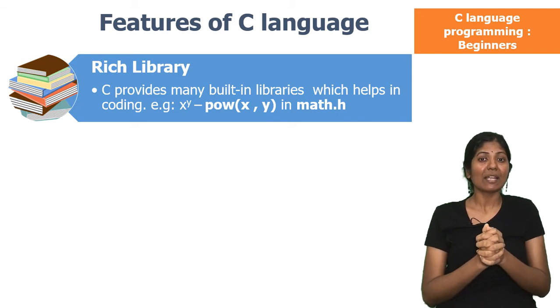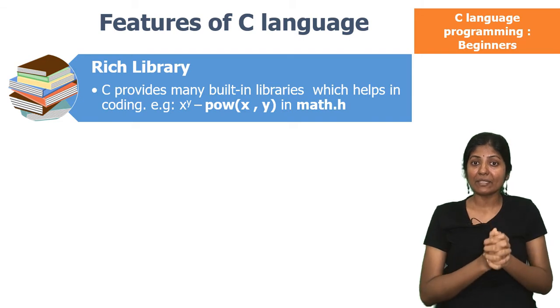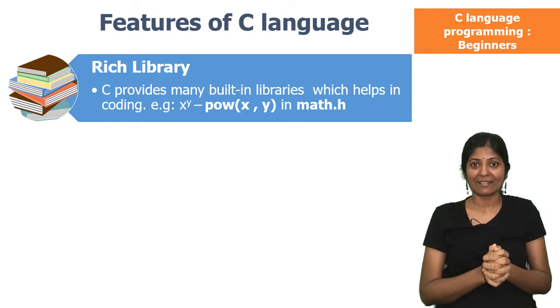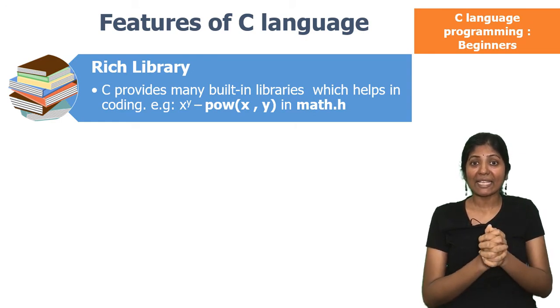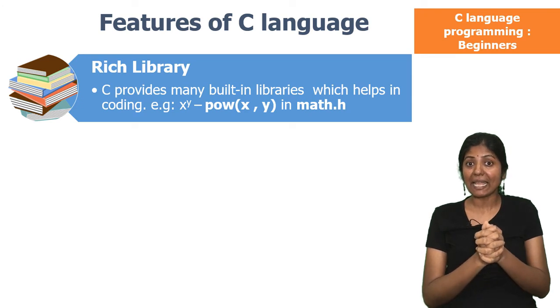Let's say I want to write a program to calculate 100 power 50. To solve this problem, I no need to write my own logic. Straight away, I can use one function called pow, means power, a built-in function which is available in the inbuilt library called math.h, which is the mathematics header file.